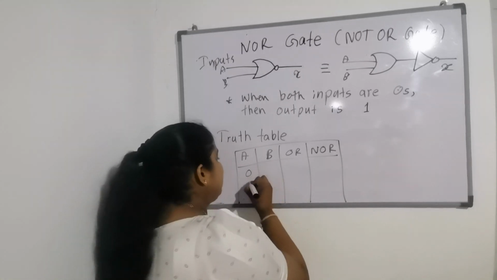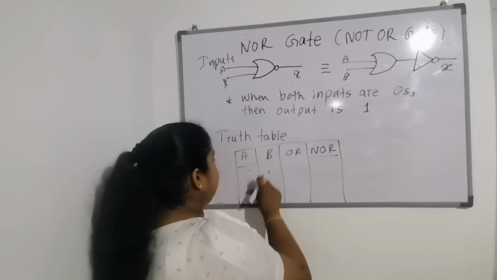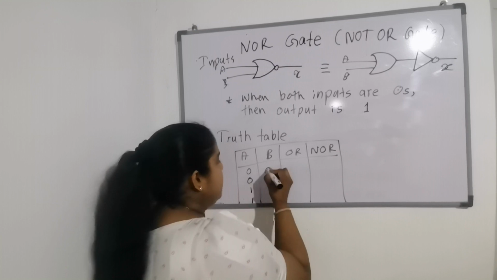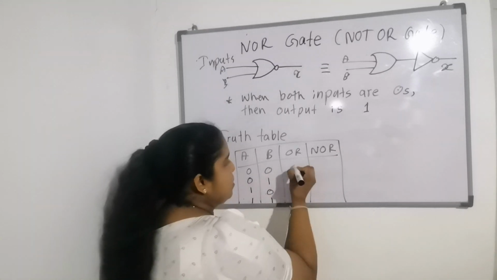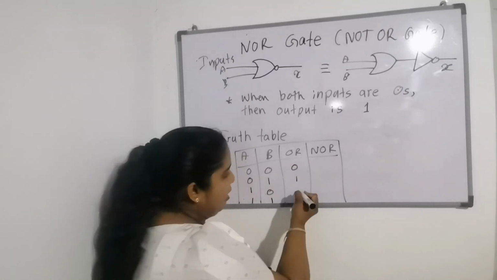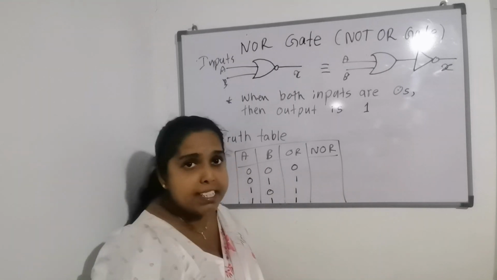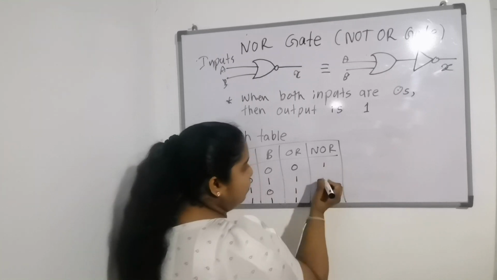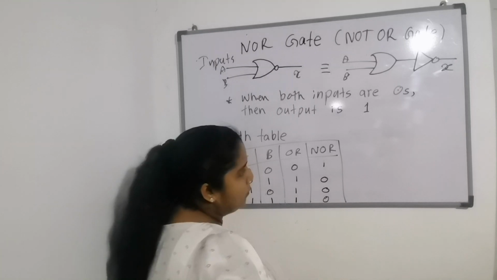So the 0, 0, 1, 1, 0, 1, 0, 1. Then OR gate 0, 0, 0 for all the other combinations output is 1. And here NOR gate provides the opposite of the OR gate. So 0 becomes 1, and for all the other combinations it will become 0.